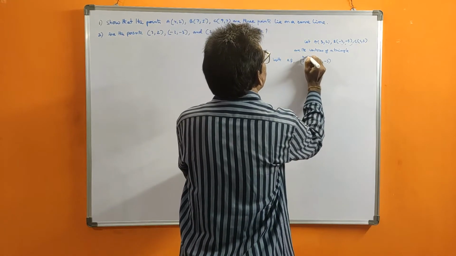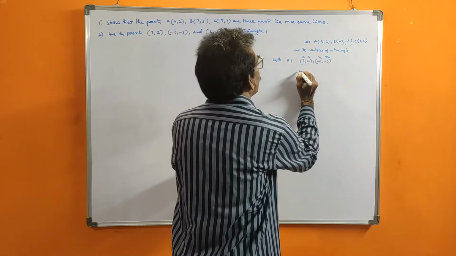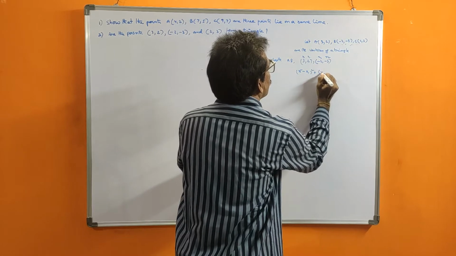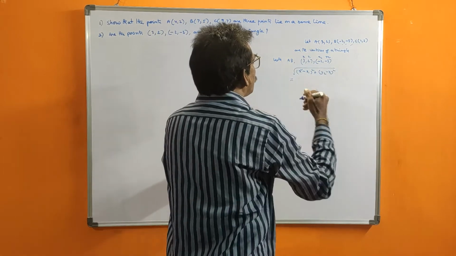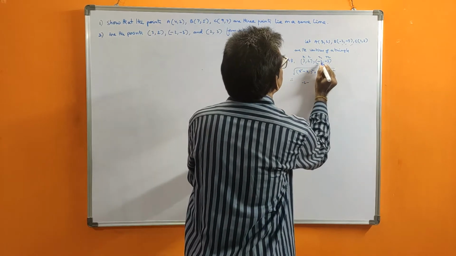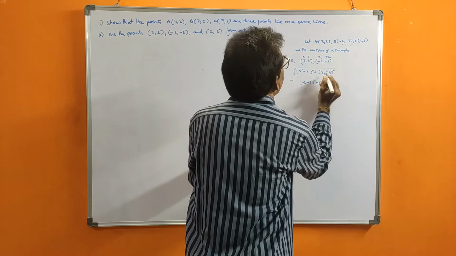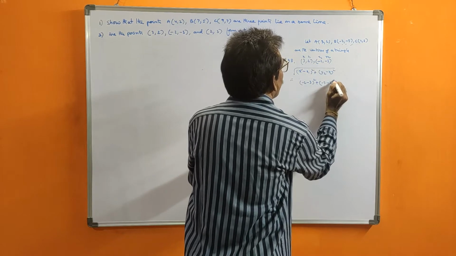This is x1, y1, x2, y2. Now the formula is the same: the square root of (x2 minus x1) whole square plus (y2 minus y1) whole square. That is equal to the square root of (x2 is minus 2, minus x1 which is 3) whole square plus (y2 is minus 3, minus y1 which is 2) whole square.